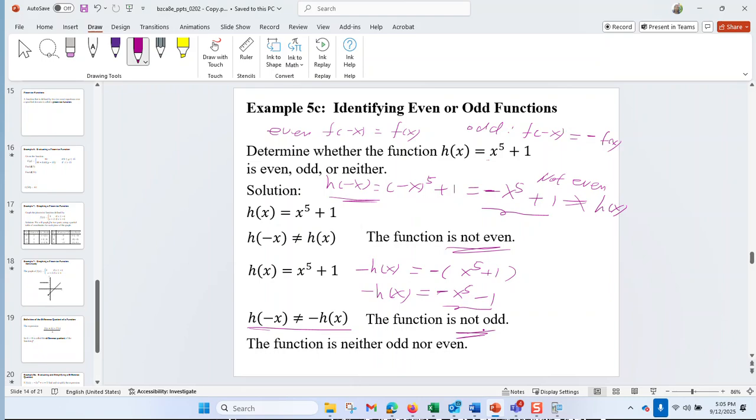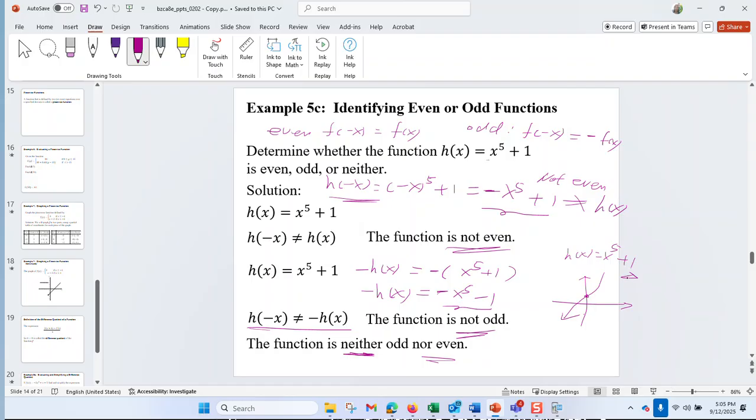So that means this function is not symmetric with the y-axis, and the function graph is not symmetric with the origin either. So we call this one neither odd nor even. If you look at this one, the whole thing moves up 1 unit, so the graph will look something like that. h of x equals x to the 5 plus 1, so this skews everything.